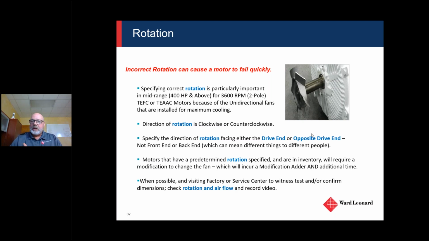So we can help you understand if you have directional rotational fans on your rotor. If it's a unidirectional motor, fine, no problem. But depending on how the motor is manufactured, that may be the case, so you want to understand if you have rotational limits, and we can help you with that.